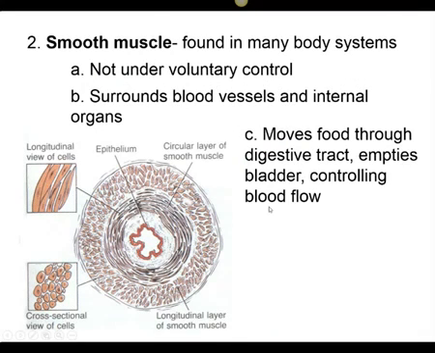Now, smooth muscle is what we'll find in the inner linings of a lot of our digestive organs, okay? This is not under what we call voluntary control, unlike our skeletal muscles, where I myself can control their contractions. You cannot tell food to pass through your esophagus, through the process called peristalsis, right?